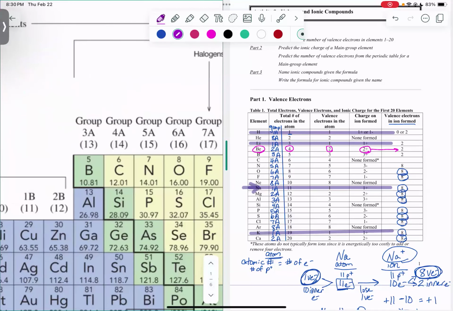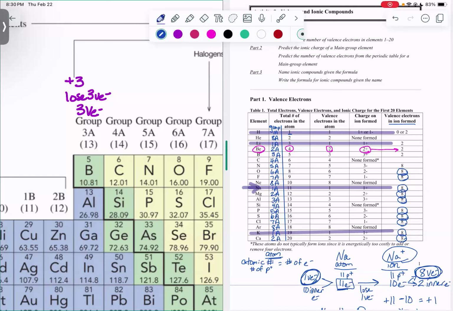We're only talking about the main group elements. Group 3A is going to have 3 valence electrons. What's it going to do? Lose 3 or gain 5? Easier is to lose our 3 valence electrons. So now it's going to have a plus 3 charge.